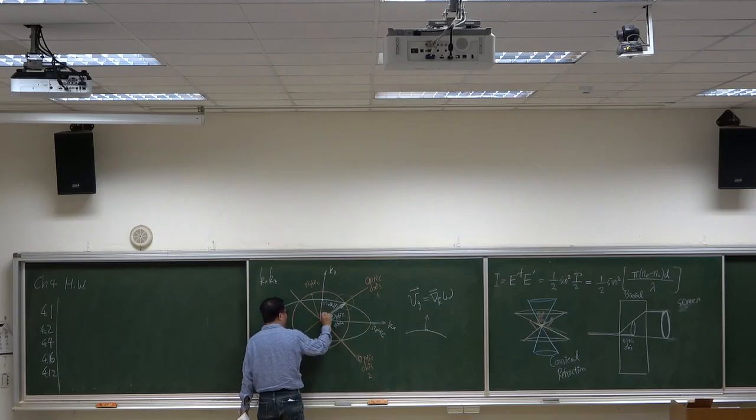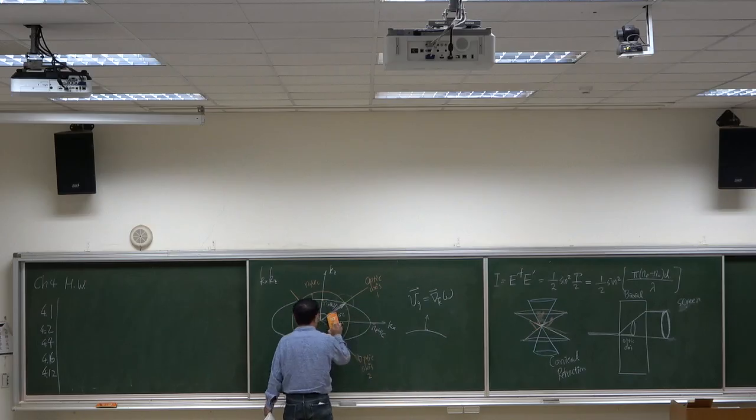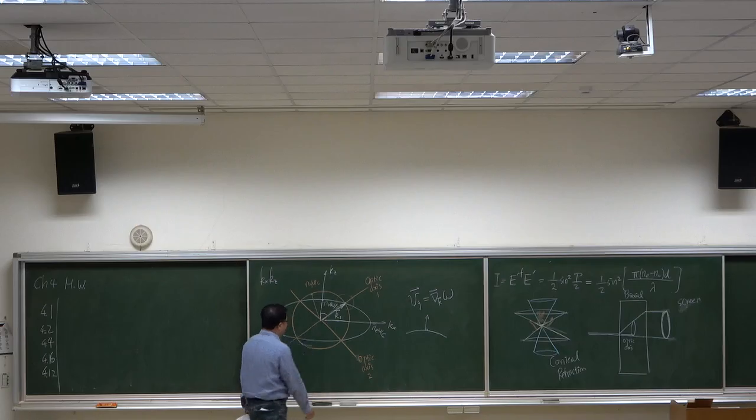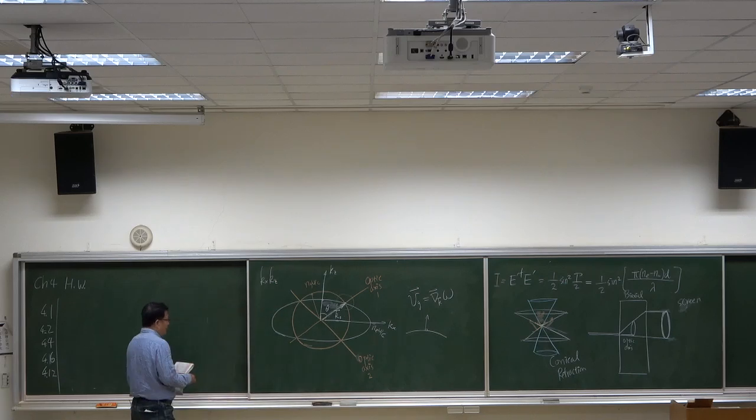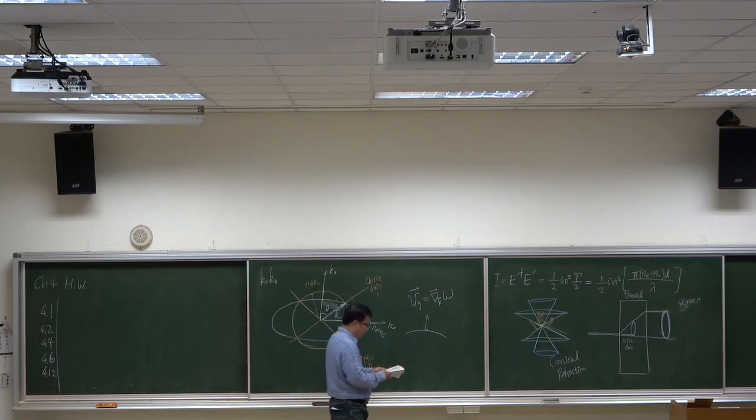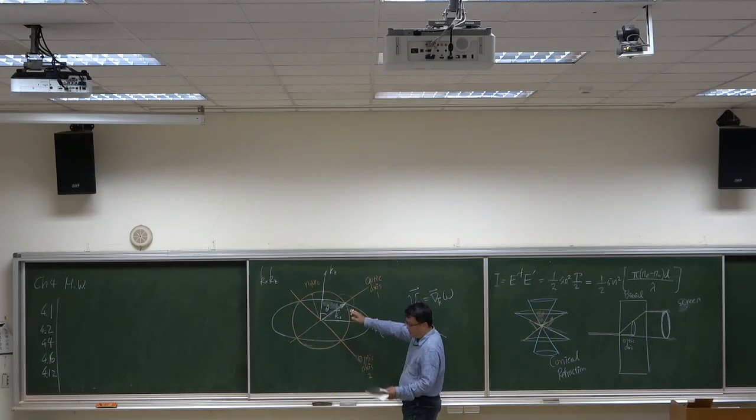I denote this k vector as k0. Suppose the angle between the k0 vector and the z-axis is theta. Then we try to find the formula of this theta.